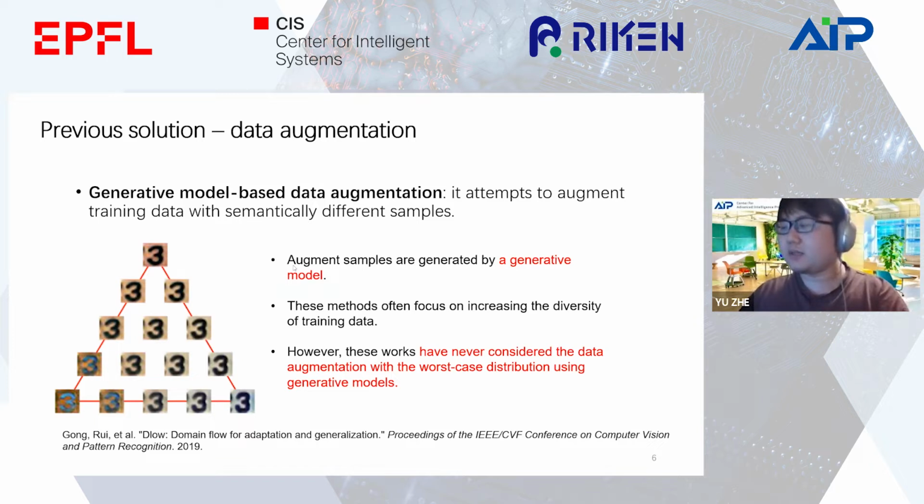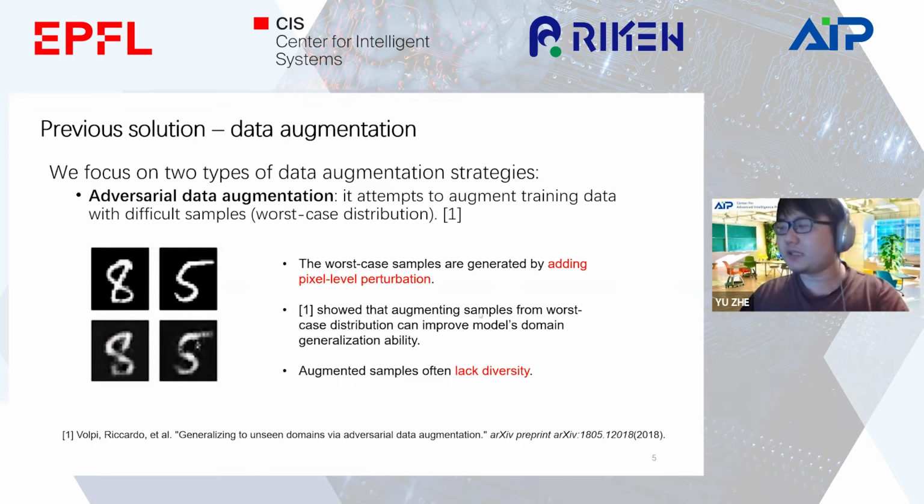However, the limitation of this method is that this work has never considered data augmentation with worst-case distributions using the generative model, since paper 1 already showed that difficult samples were helpful for the DG task.